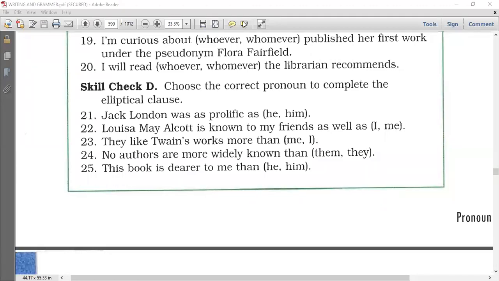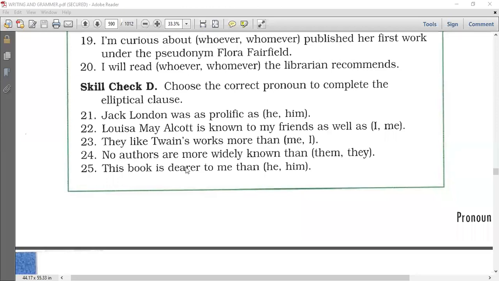Let me go to Yasmin. Can you do it? Number 24. Yasmin. Take your time. I didn't hear. Number 24, Yasmin. I can't hear you.